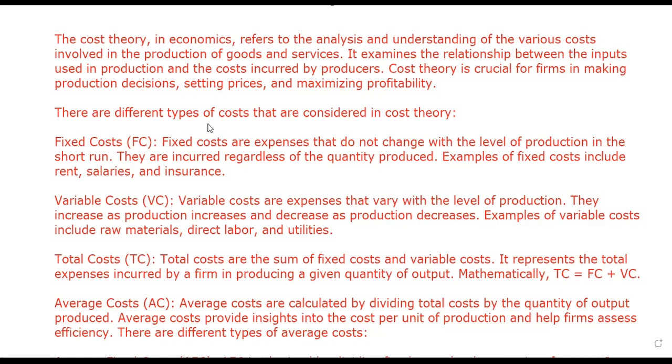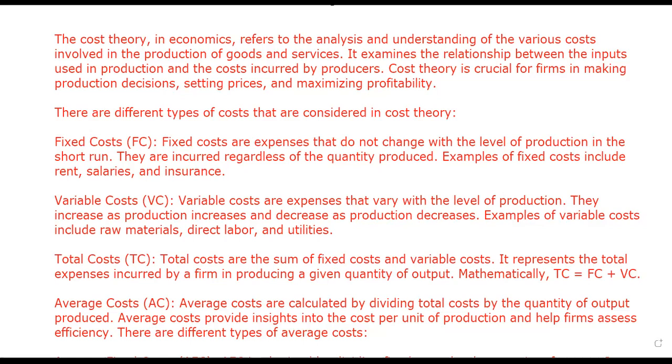And variable costs are simply expenses that vary with the level of production. They will increase as we increase production, decrease as we decrease production. Examples include the raw materials, direct labor, and utilities. So when you sum up the fixed cost and the variable cost, we call it the total cost. Mathematically, it is given by TC = FC + VC.